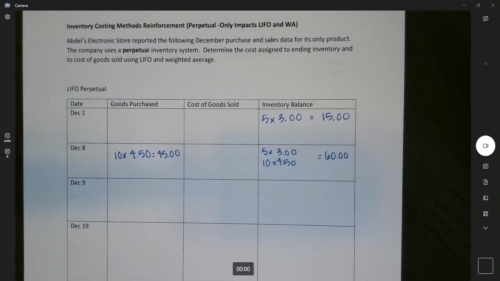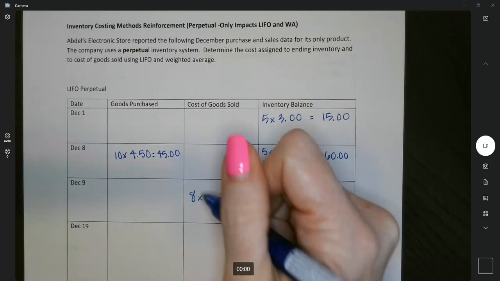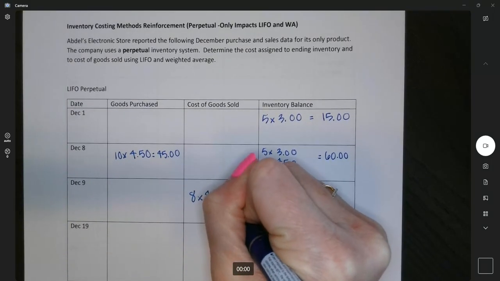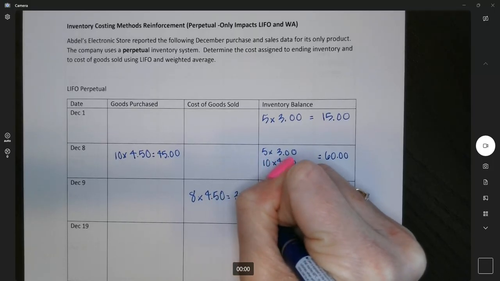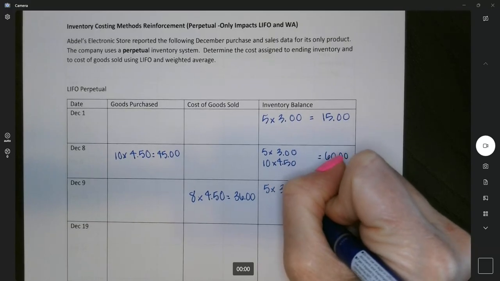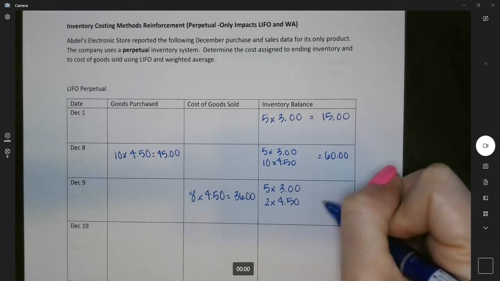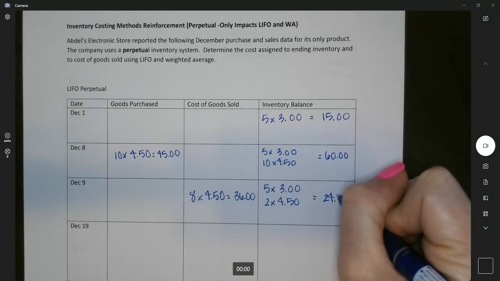On December 9th, we sold 8 units. We're going to look at our most recent purchase in last in, first out and use those items first. So 8 of those come from this most recent purchase of $4.50. That'll be $36. Inventory balance: we still have 5 at $3, and now we have 2 left at $4.50, giving us a total of $24 over here.